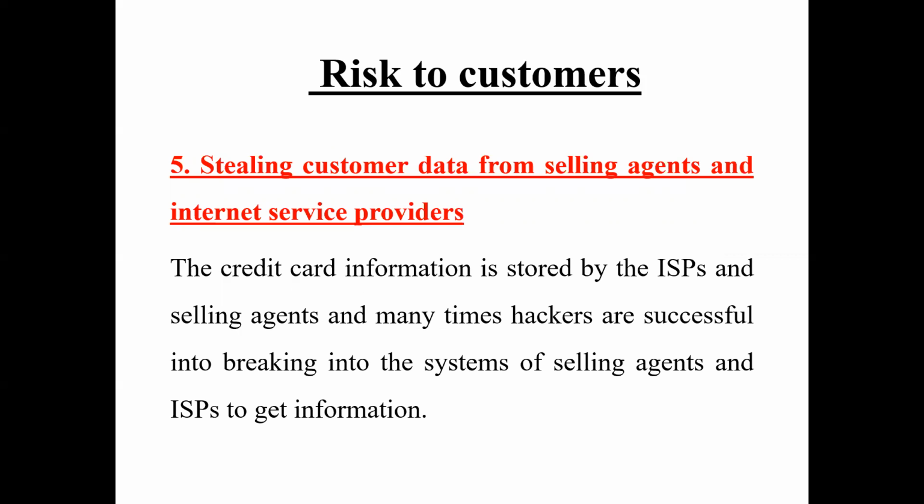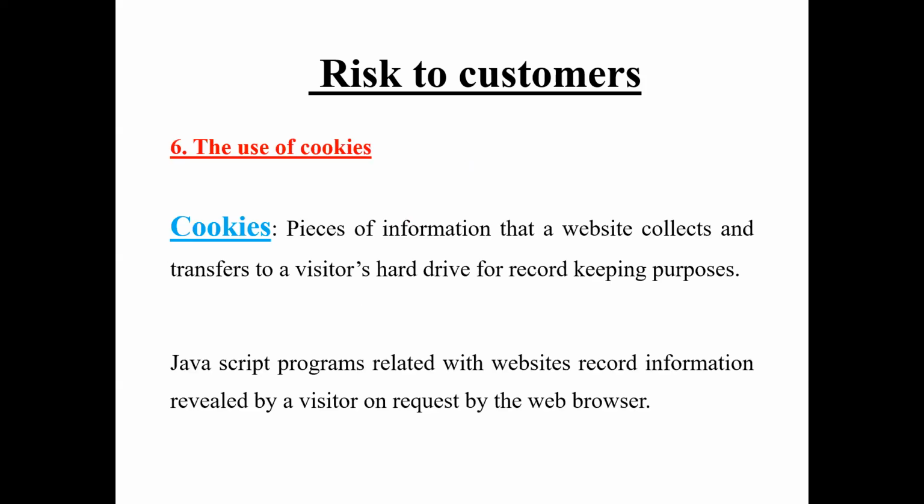Then the next is stealing customer data from selling agents. They can break into the selling agent system, and also the internet service providers' systems, and steal data from them.